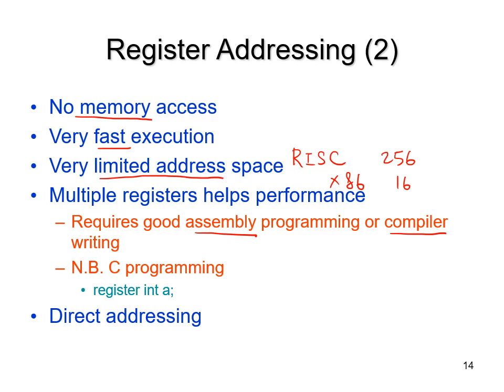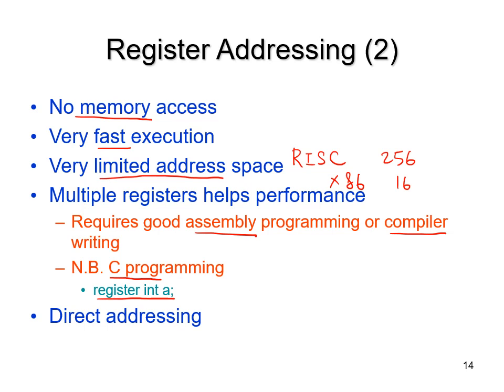For example, in a C program, you can use the following statement: register integer A. That means you will create a variable that is stored in the register memory.